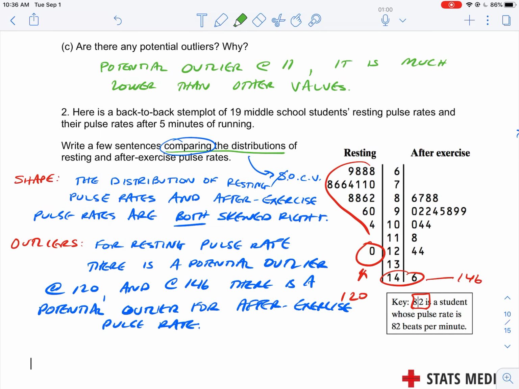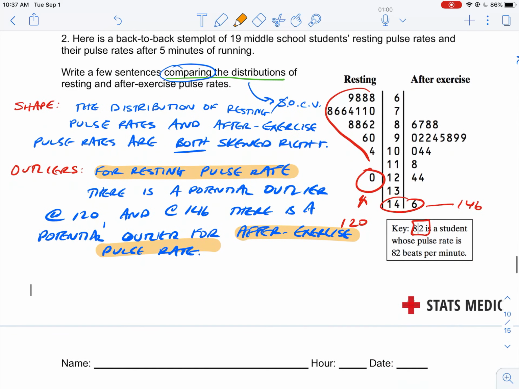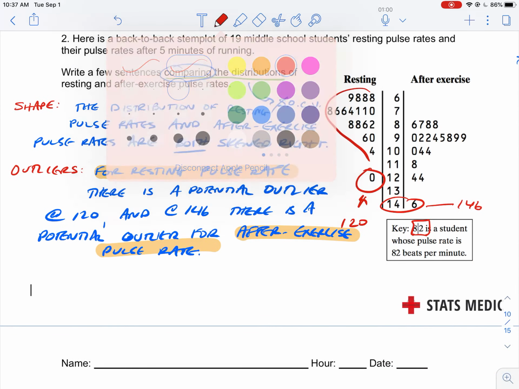So notice a couple of things here. Resting pulse rate, after exercise pulse rate. That's my context. Got to have that context in there because when I'm working on writing up a description for full credit and a thorough description, I have to have that context mentioned in there.